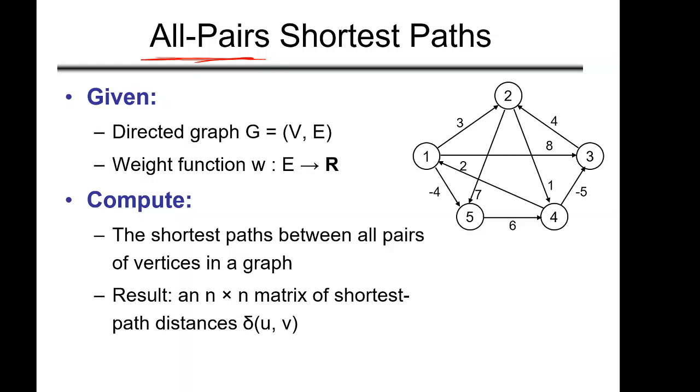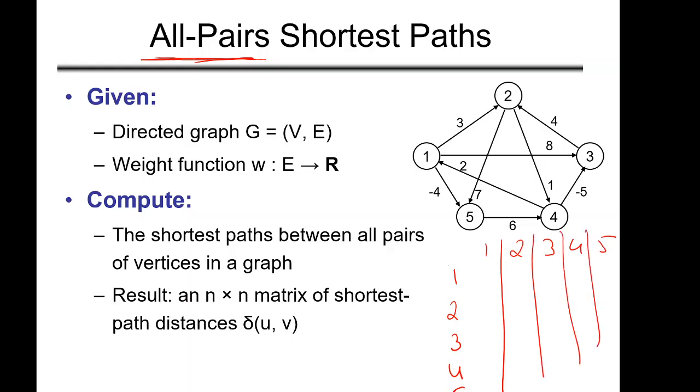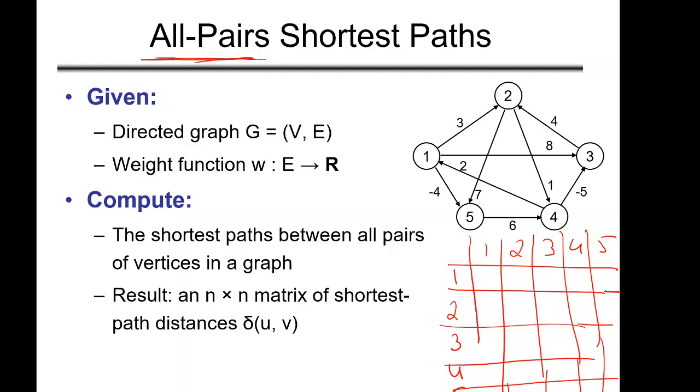So the result is an n cross n matrix of shortest path distances. The shortest path between 1 and 2, 3, 4, 5, and so on. All the diagonal entries are actually 0, or maybe infinity, but we will not consider any diagonal entries.